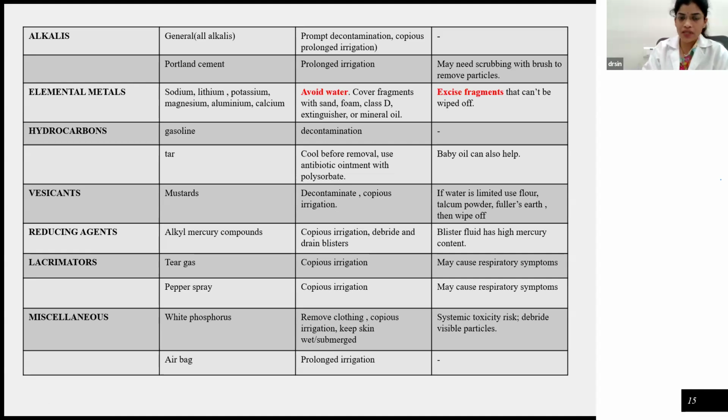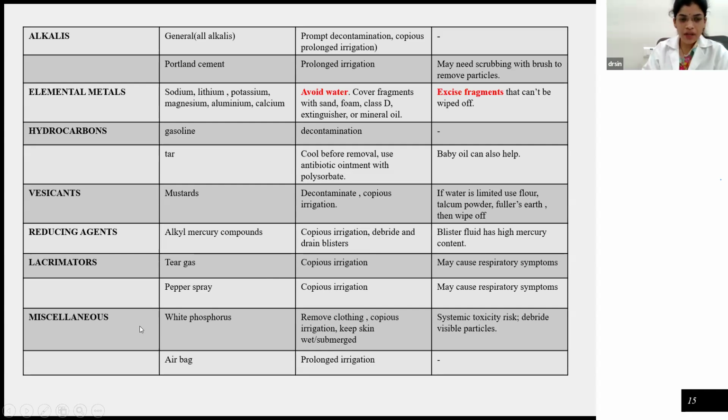And in them, copious irrigation, debridement, and draining of blisters is done, because the blister fluid has high mercury content. And next is the category of lacrimators, where tear gas and pepper spray are the ones that we usually encounter. Even in these cases, copious irrigation should be done, and these lacrimators usually are associated with respiratory symptoms.